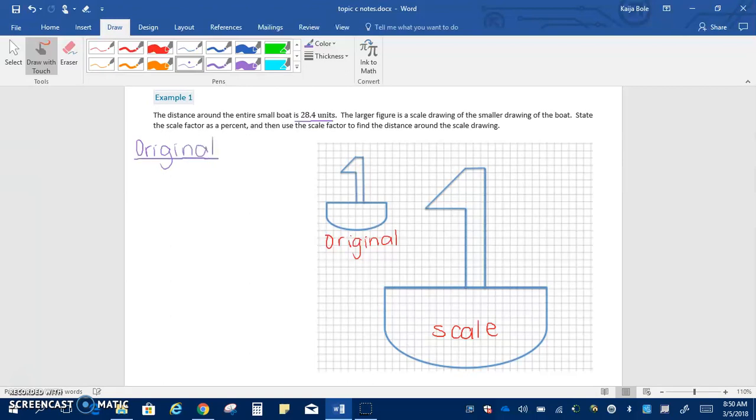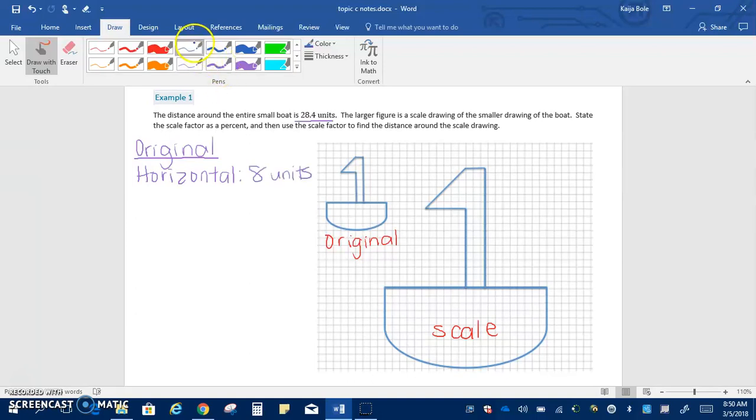And when we're looking at things we want to measure, we probably want to measure nice horizontal or vertical lines. So let's do the horizontal line here that they both share. If we measure this horizontal line, this is 1, 2, 3, 4, 5, 6, 7, 8 units.